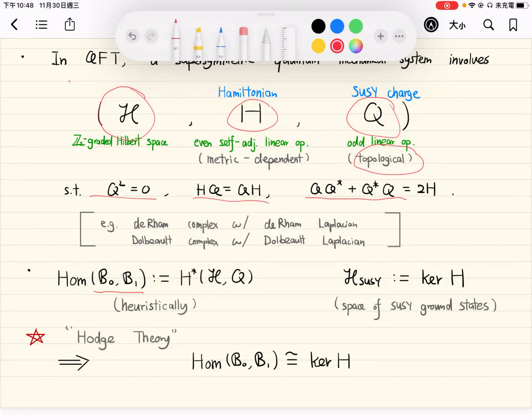So the space of supersymmetric ground states is defined to be the kernel of the Hamiltonian operator. And if we have a certain kind of Hodge theory argument in mathematics, then we can say that the Hom space between the branes B0 and B1 is isomorphic to the kernel of the Hamiltonian operator. And usually when we have the Hodge theory argument, we need the compactness assumption.